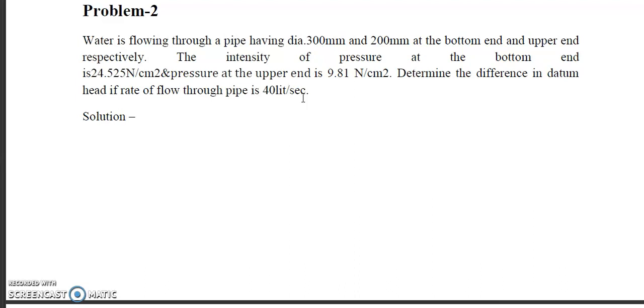According to the question, here you have to draw the diagram. In this question you observe the pipe having different diameter, and the orientation is one end is the upper end, another is the bottom end. So accordingly we have to draw the diagram.